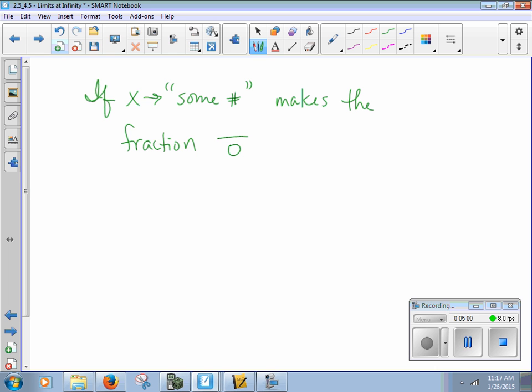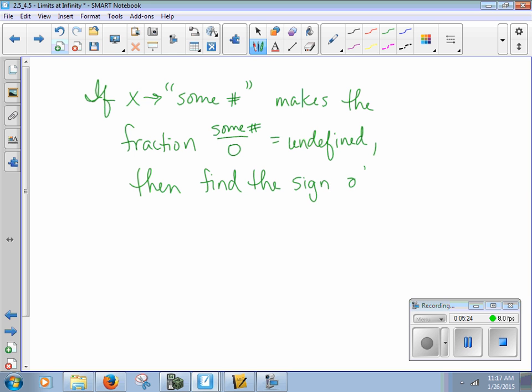If it makes the fraction some number over 0, which is undefined, then find the sign of the answer.